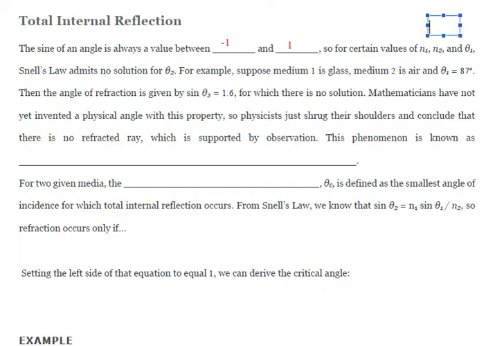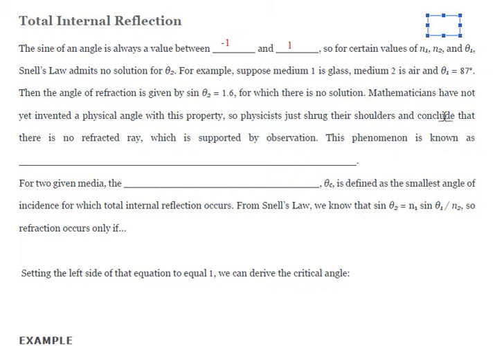And our angle of incidence is 87 degrees as it goes from the glass to the air. So the angle of refraction will be given by sine theta 2 equals 1.6. So when you set up that ratio, you get the sine of something is 1.6.